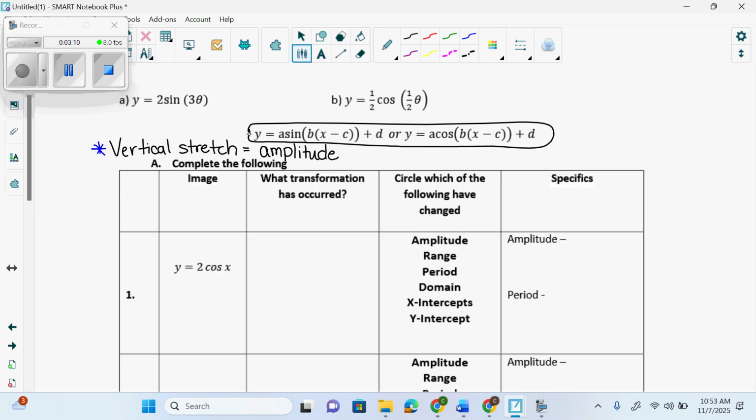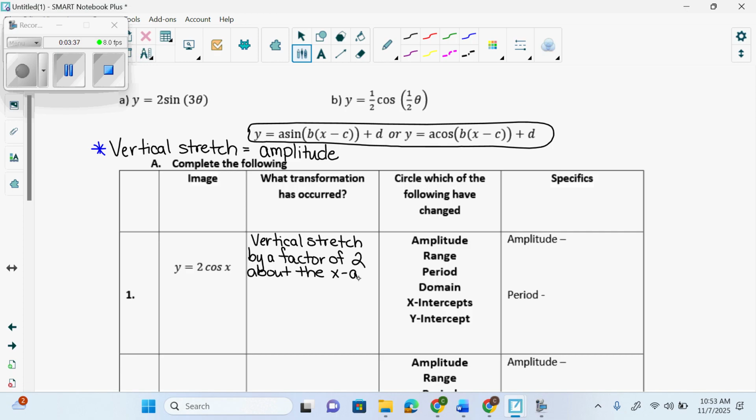Yes, it has a vertical stretch by a factor of what? 2. Y's never change. That's why they're awesome, remember? Vertical stretch by a factor of 2 about the opposite axis.